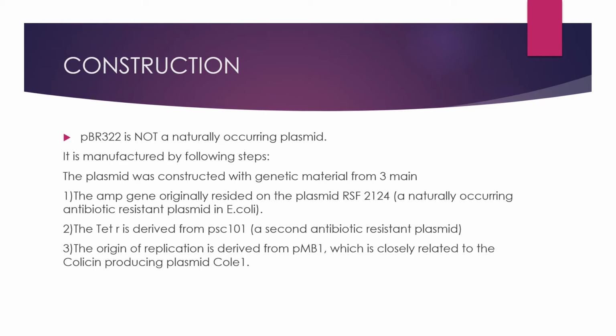The tetracycline gene is obtained from pSC101, which is also from a species of E. coli. The origin of replication is obtained from the pMB1 plasmid, which produces colicin. So Bolivar and Rodriguez combined these three features and created a new vector called pBR322.